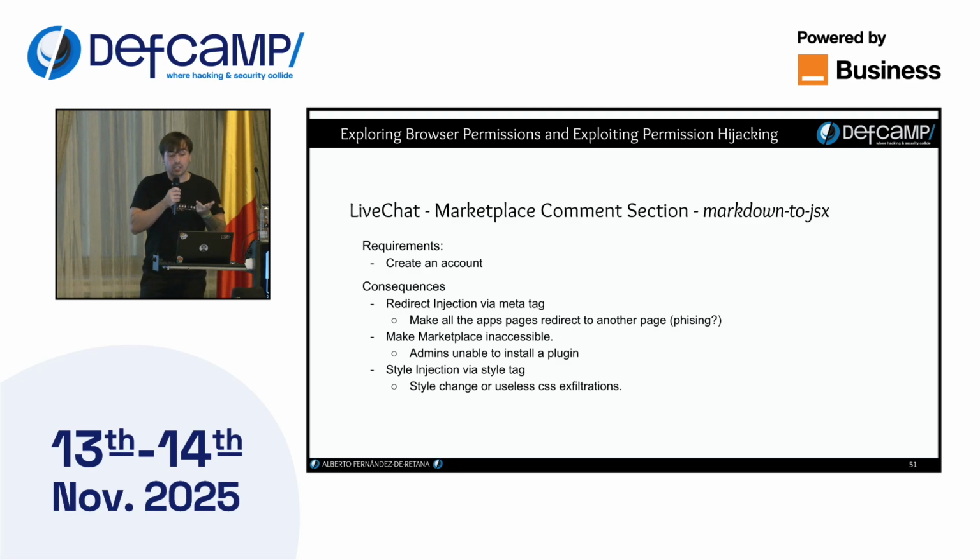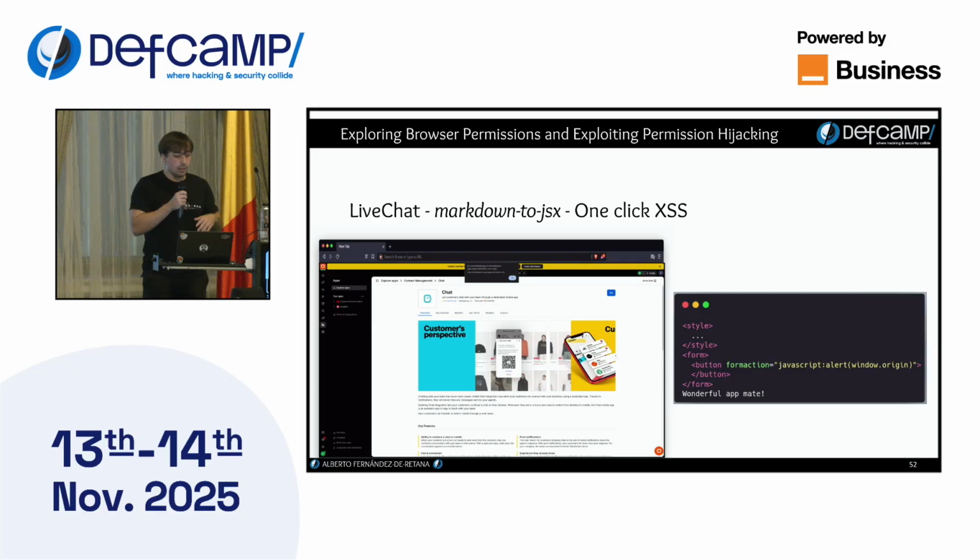In the case of a style injection, you could change the style, but it was useless. You couldn't use CSS as exfiltration because there wasn't anything important on the page. So the last one that I found, I was losing the faith of finding something here, and I found that using the form action from the button, it will execute the JavaScript.